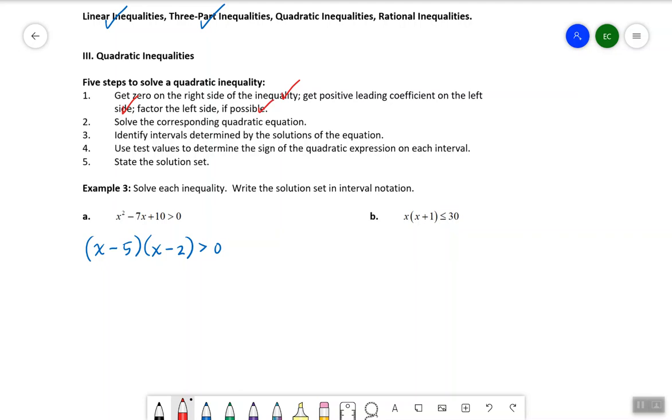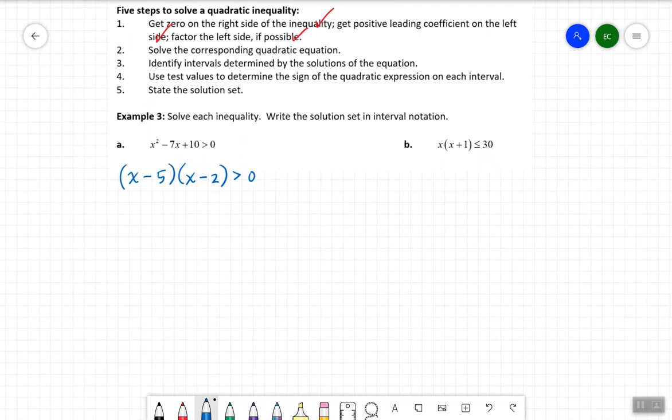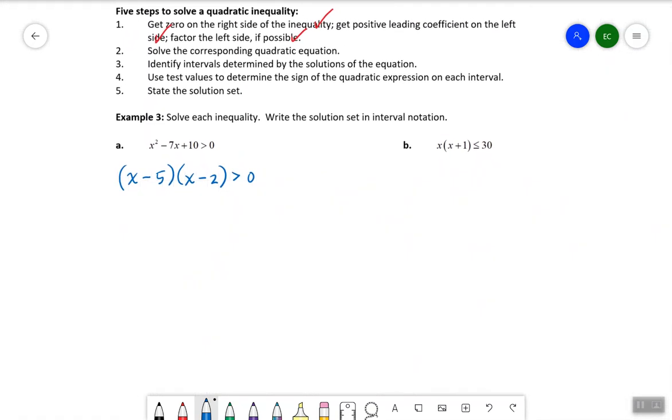Now the second step is kind of weird. It says just go ahead and solve the corresponding equation. Again, I'll try to explain why that's so important in a few minutes, but for the moment, let's just go ahead and do it. To solve the corresponding equation means we need to solve x minus 5 times x minus 2 is equal to 0.